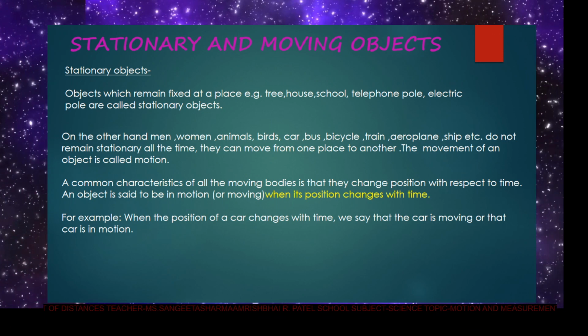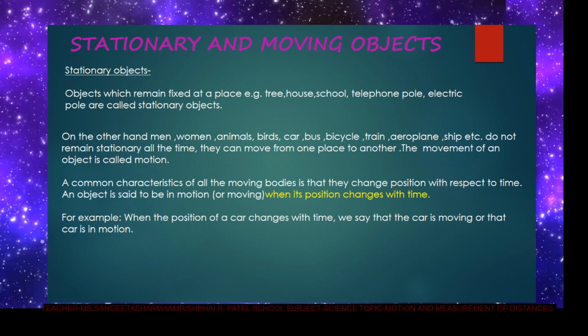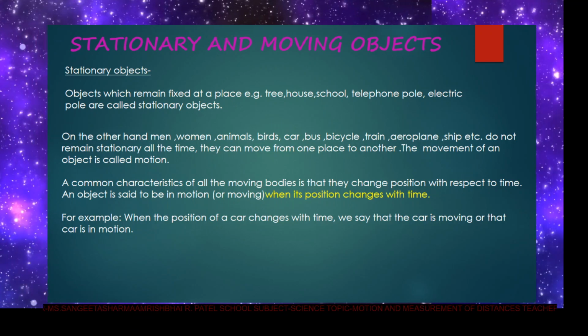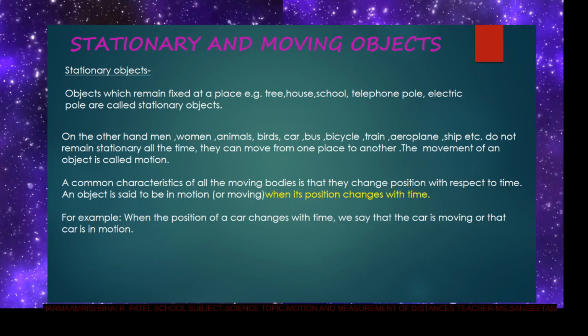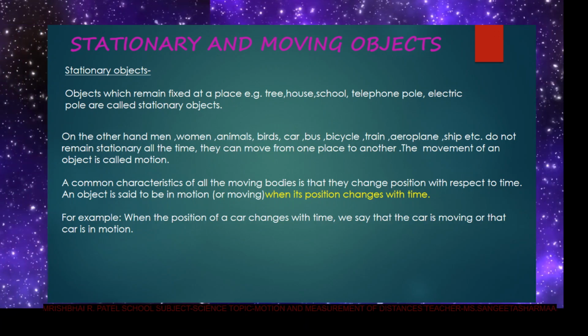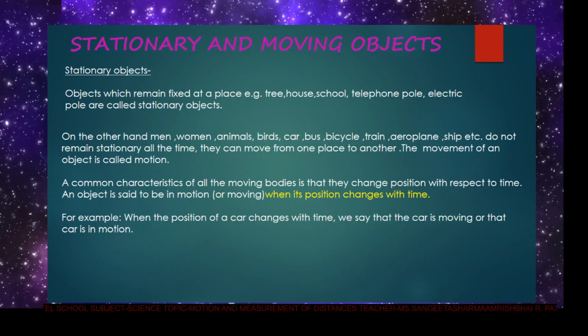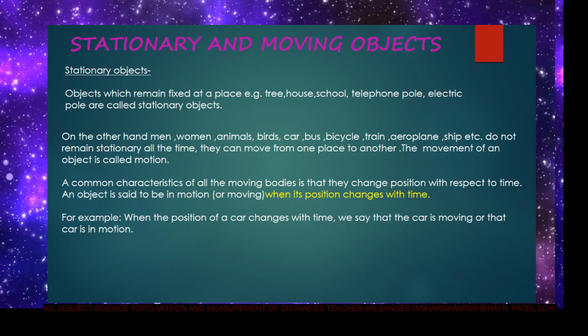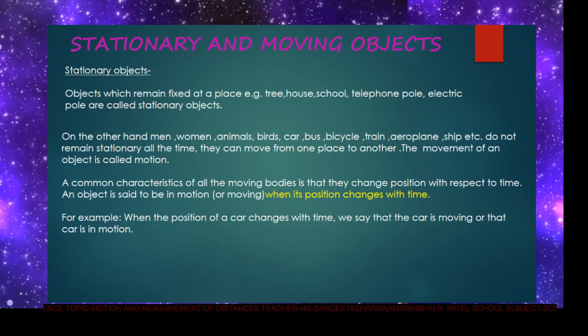Now, in the next slide, we will see stationary and moving objects. What are stationary and what are moving objects? Stationary objects are objects which remain fixed at a place. Examples: tree, house, school, telephone pole, electric pole. These are all stationary objects. They do not move. They remain fixed at one place.